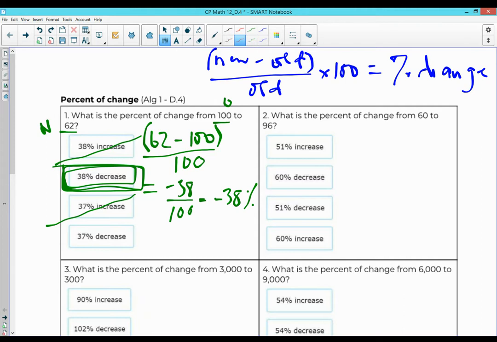All right. What is the percent of change from 60 to 96? New minus old. So new 96 minus old 60 over old 60.